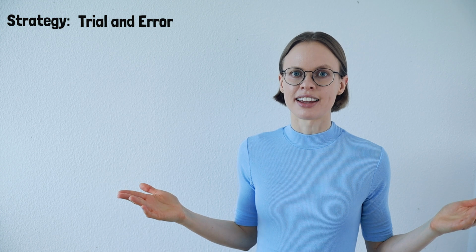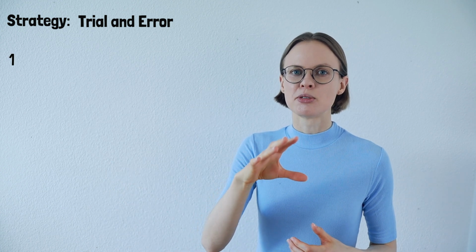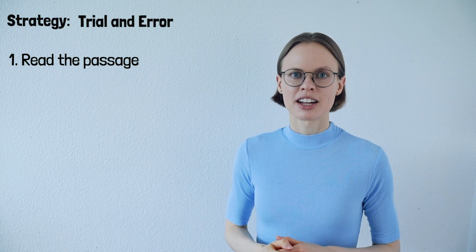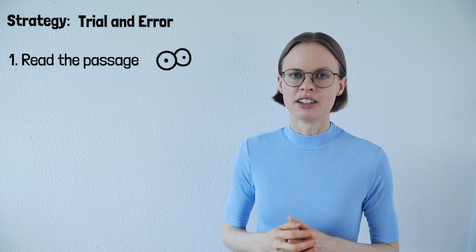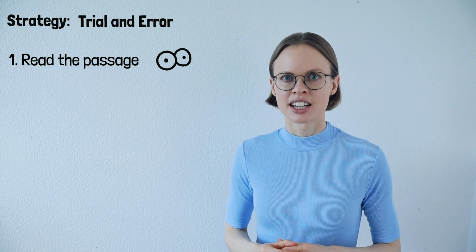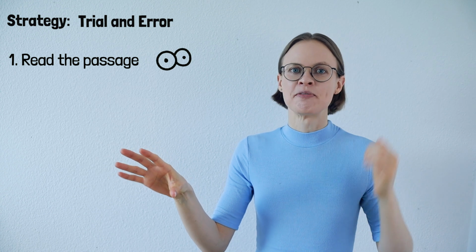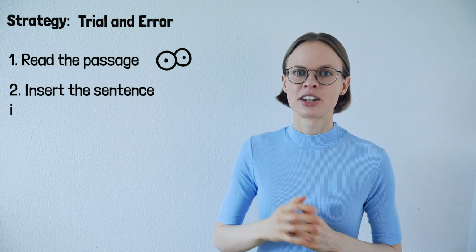What is the strategy that you can use in order to answer organization questions correctly? The strategy is trial and error. The first thing you need to do is you go to the passage and you read the relevant part so that you get a general idea of what this part is about. And after that, you take the sentence that you are given and in your head, you insert it in each square.